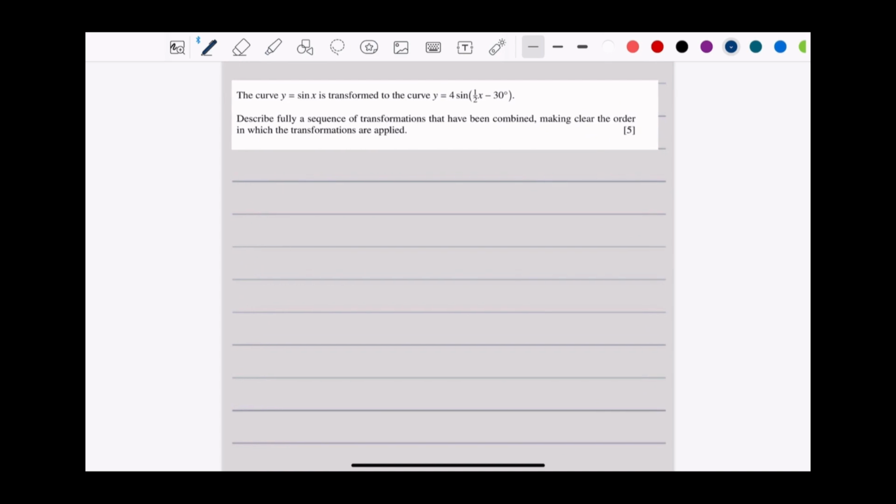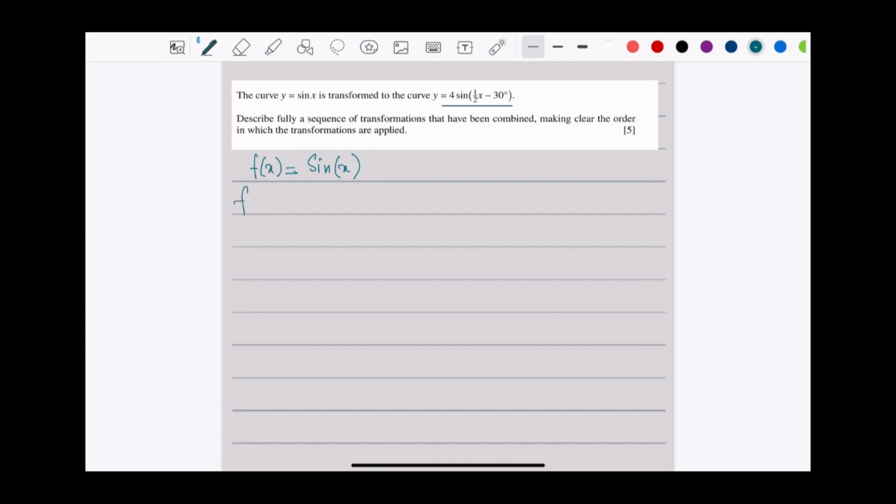Alright, so y is equal to sine x and it is transformed to this function. I'll write down, it's a 5 marker, which means it requires a lot of detail. First step, f of x is equal to sine x.